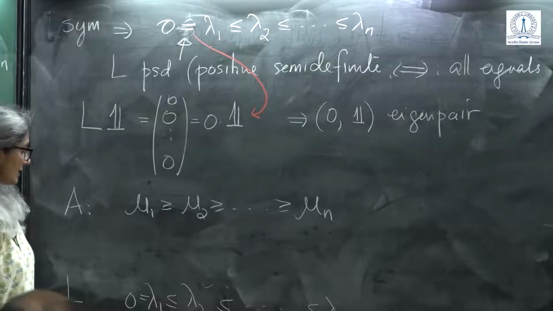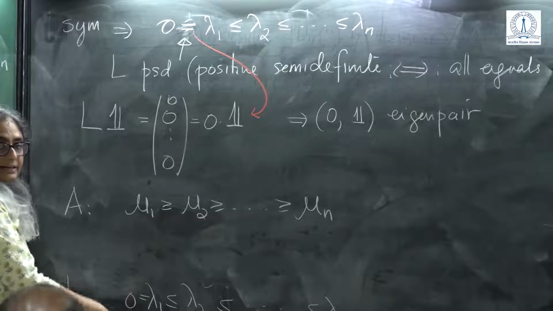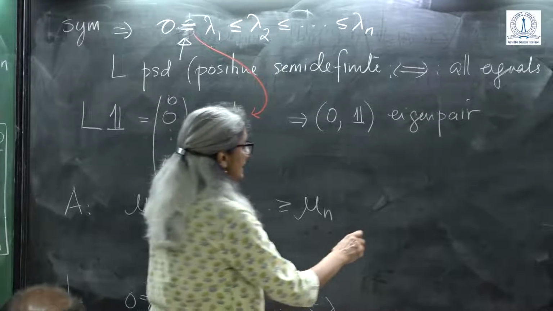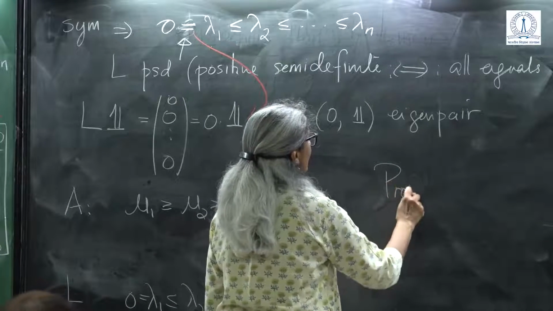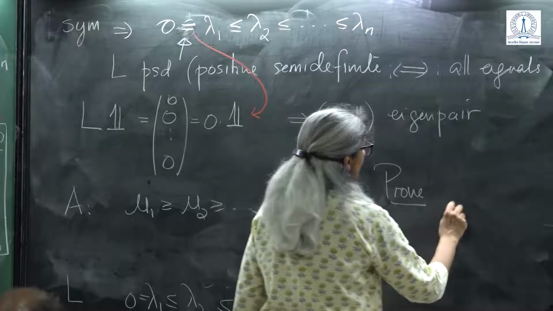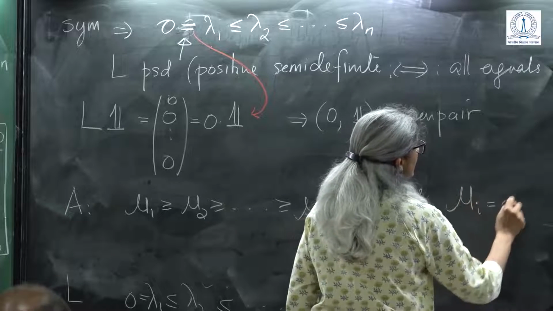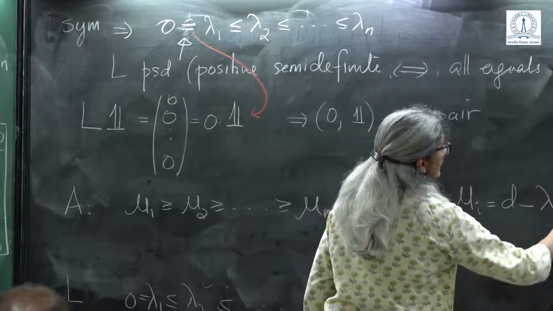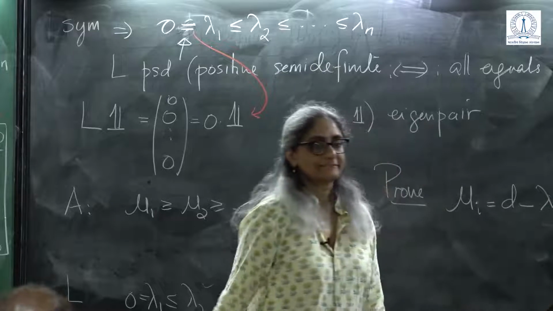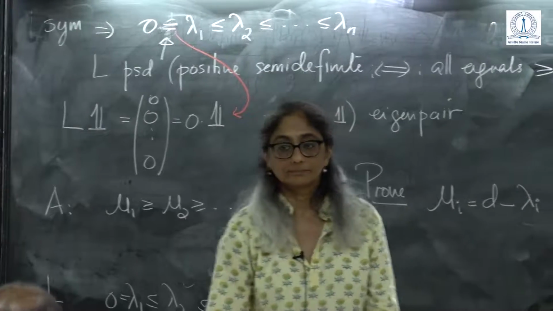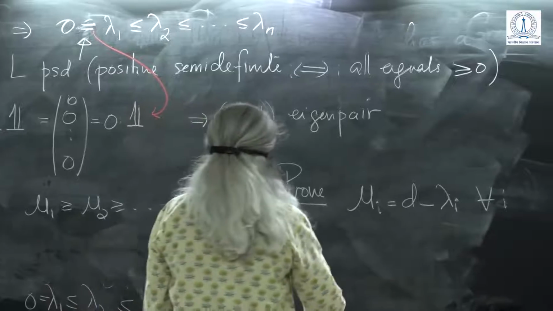Can you argue how these two are related? Let's prove that the mu i's are equal to d minus lambda i for all i, for d regular.